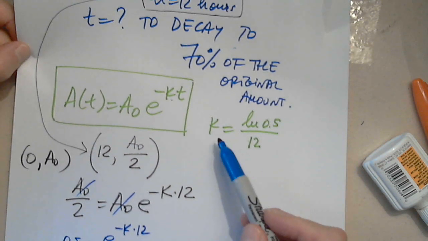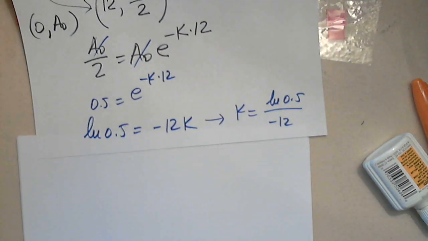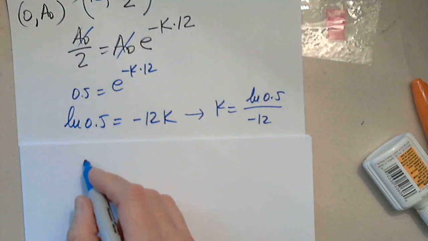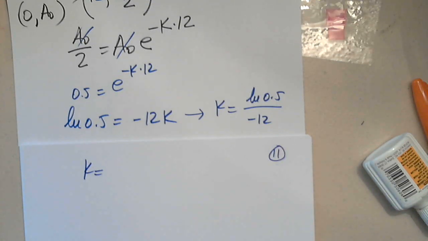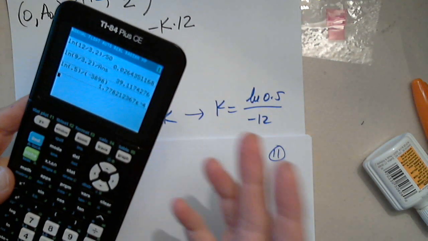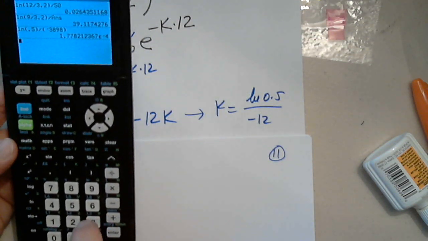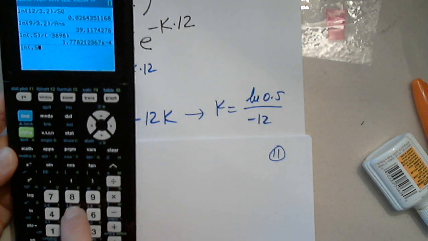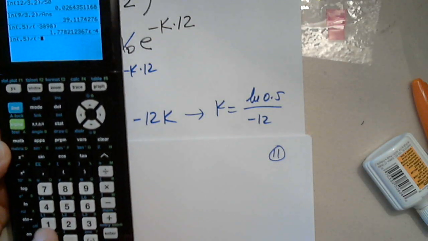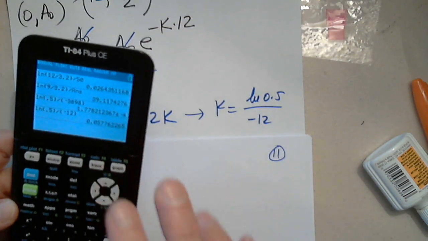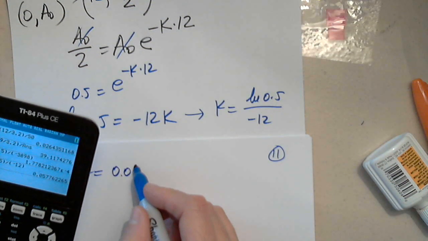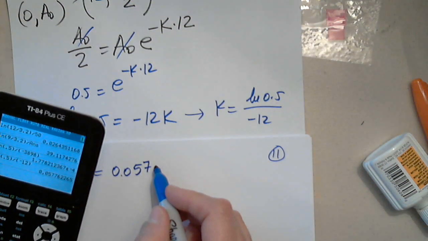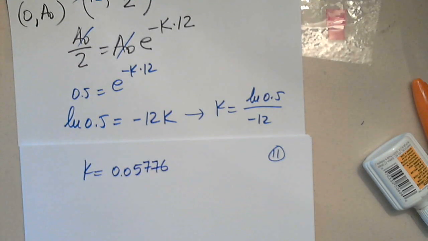So be careful with this. We don't have to really take 6 decimal places, but I would recommend at least 4, definitely. So natural log 0.5 and divide in parentheses by negative 12. So this is 0.05776. I'm going to use 5 in this case.